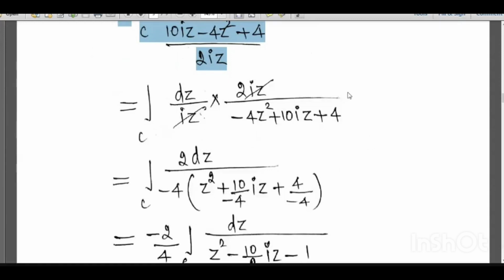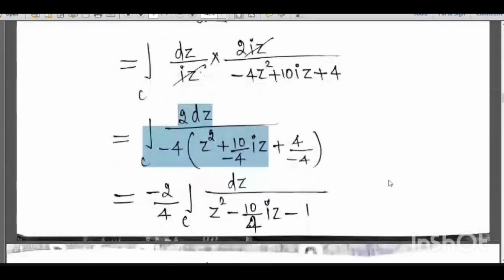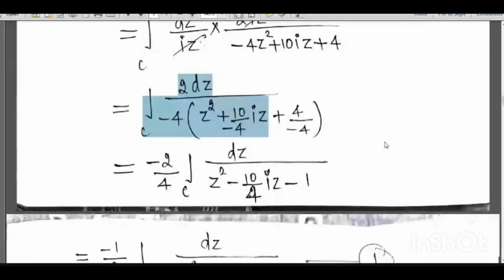The 2iz and iz cancel, so the answer is 2 into dz. Taking minus 4 common in the denominator, it becomes 2 dz divided by minus 4 into z square plus 10 divided by minus 4 iz plus 4 divided by minus 4.